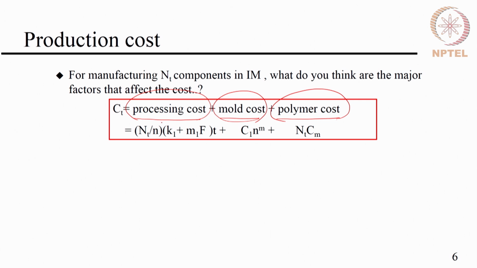So, these two elements will form the trade off for coming up with optimum costing. So, one can pose an optimization problem using this formulation to determine the number of cavities that one can go ahead with for minimizing the cost.